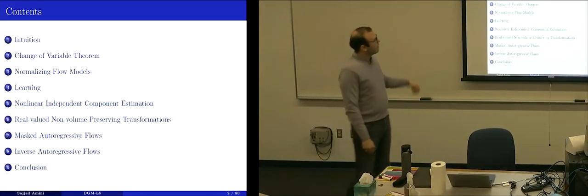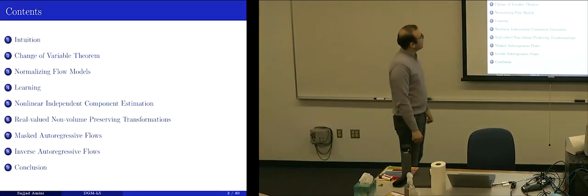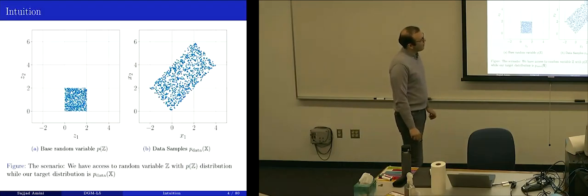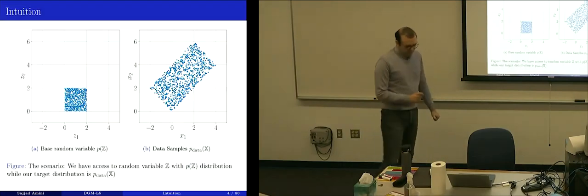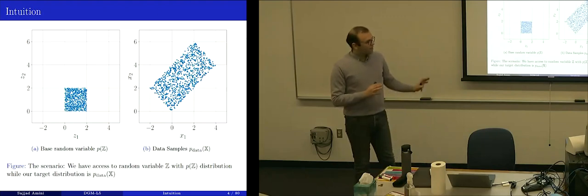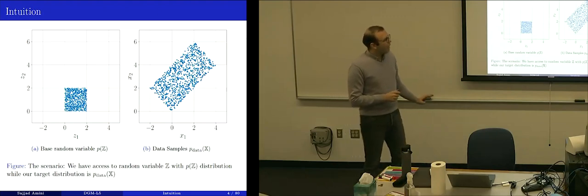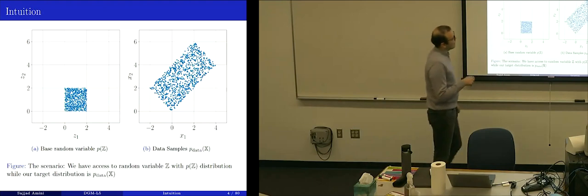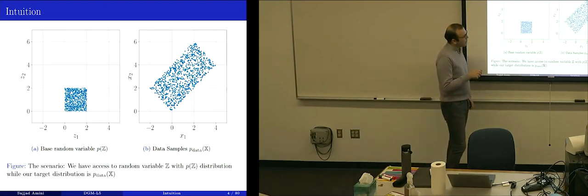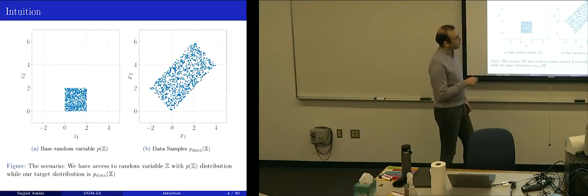So this is the table of contents, and we start each of them. We start with a very simple example, okay? Assume you have access to a base distribution which is P of Z. This base distribution is not suitable and does not fit your data distribution. This is your data distribution.